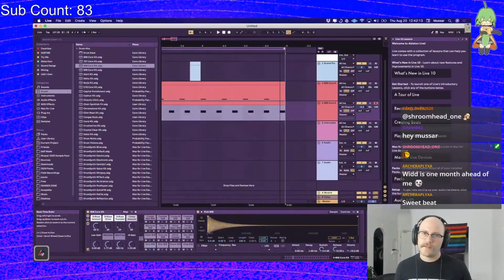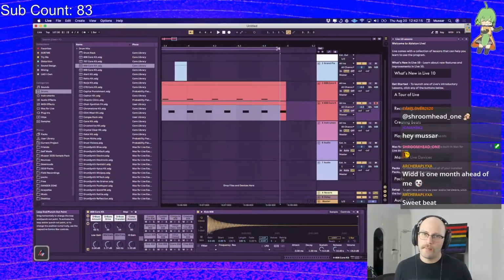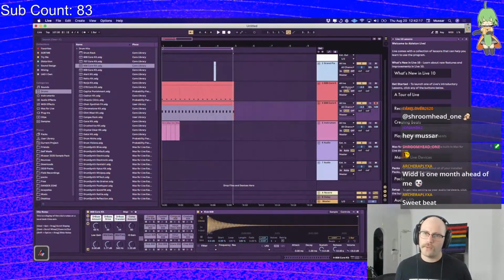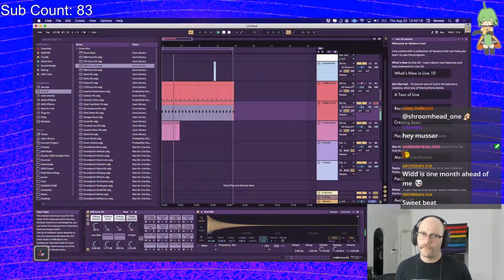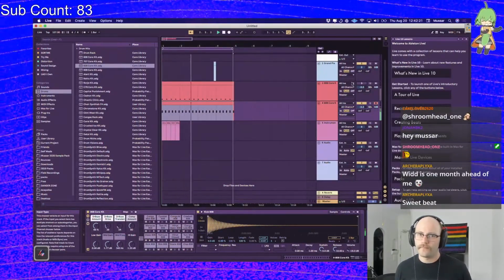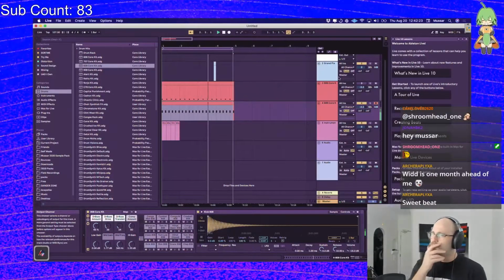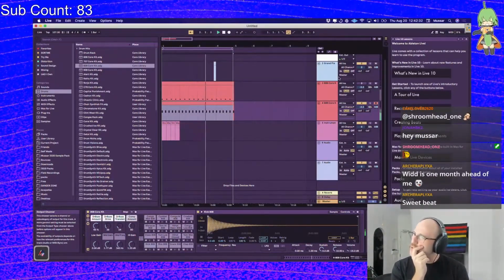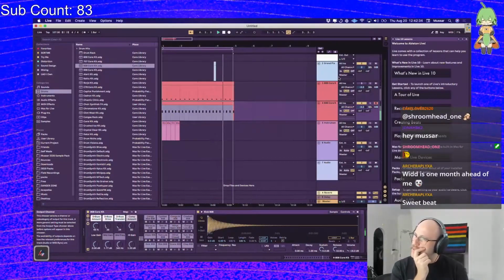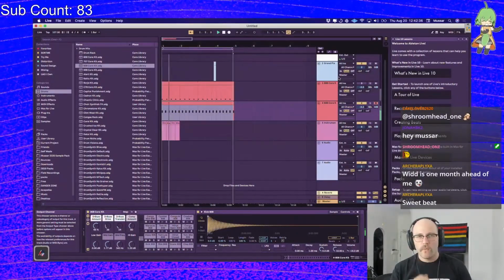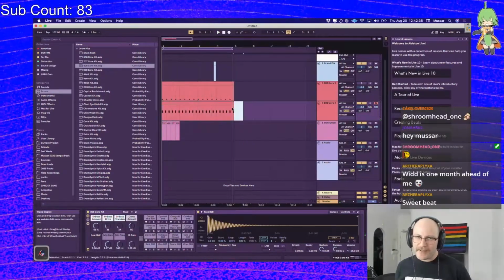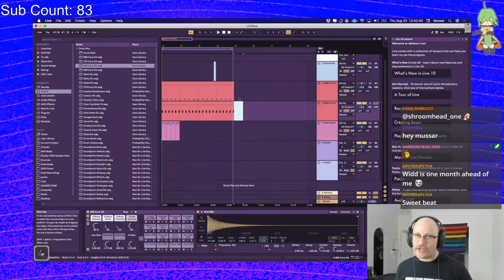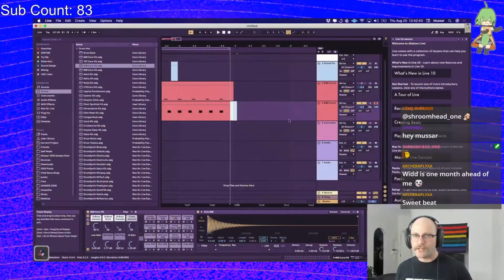So what happens if I move this back one note? Three, four, 1, 2, 3, 4, 1, 2, 3, 4. Is it just me, or does this sound like a new 4/4 pulse in a different tempo?